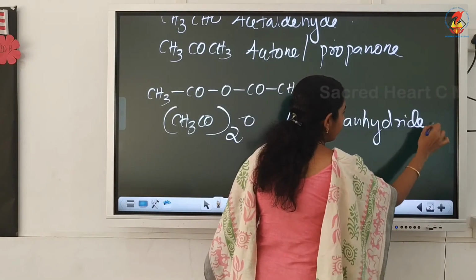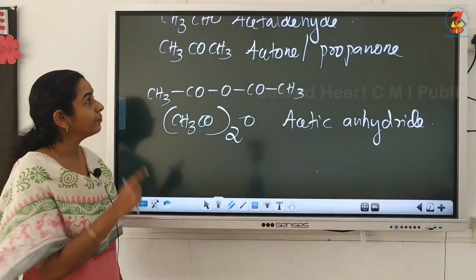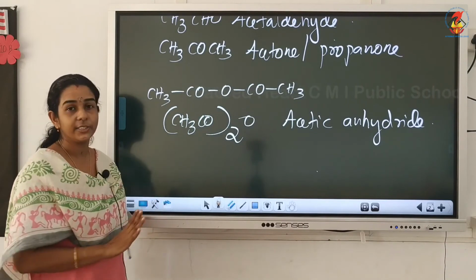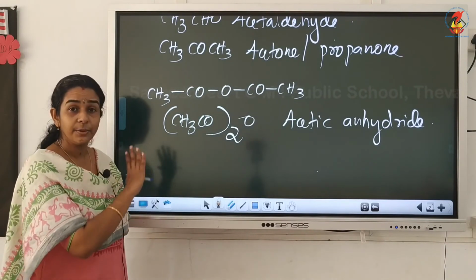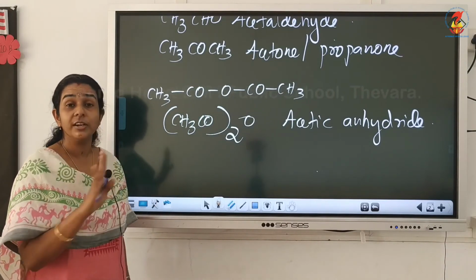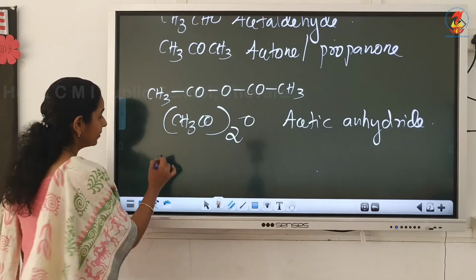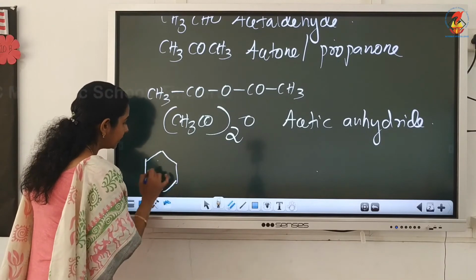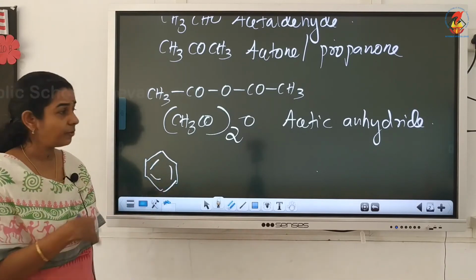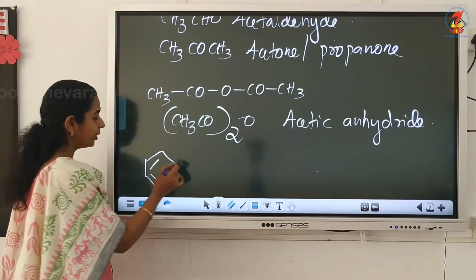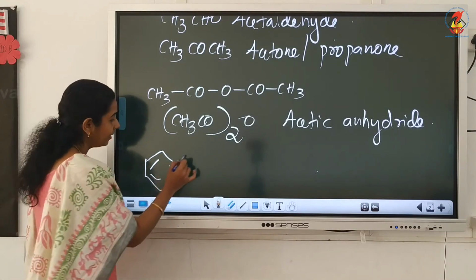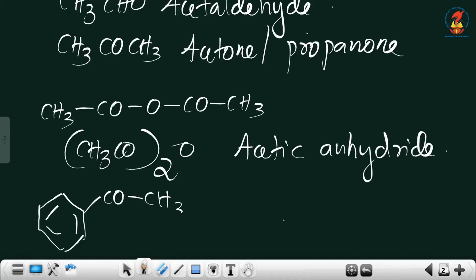Before we start the reactions, you have to study the formulas of all these compounds. Without studying all these structures and names, don't start studying the reactions. So, acetic anhydride, and the next one is acetophenone. All these we have already studied in 11th standard. So, acetophenone is benzene, then COCH3.